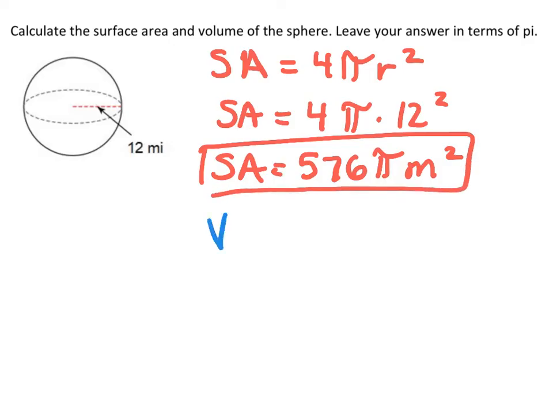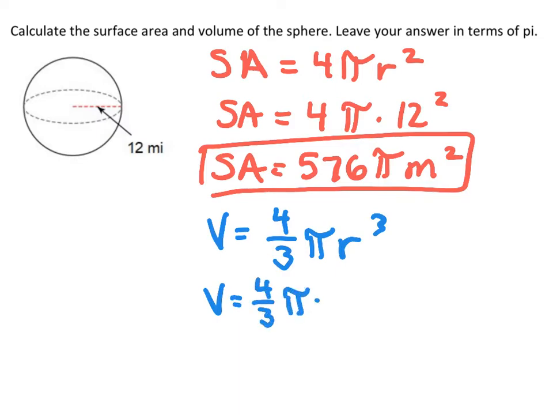For the volume, it's 4/3 pi r to the third power. So if I substitute, you get 4/3 times pi times the radius, 12, to the third power. If you're not sure what 12 to the third means, you can either use your calculator, or if you're doing it by hand, it really means you're multiplying 12 times 12 times 12.